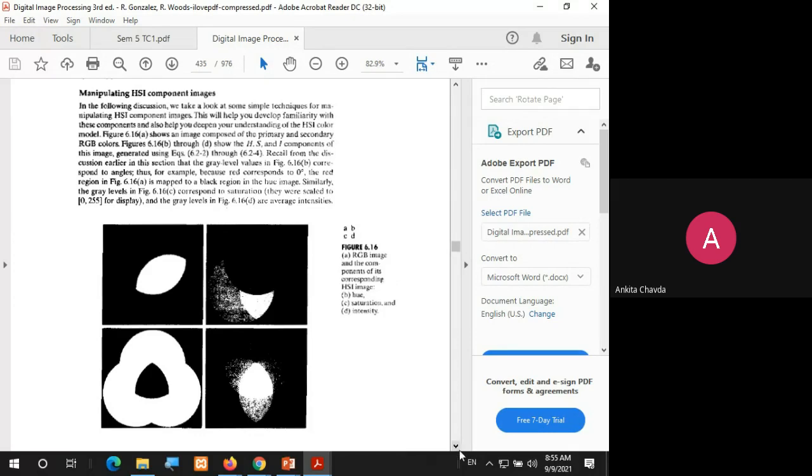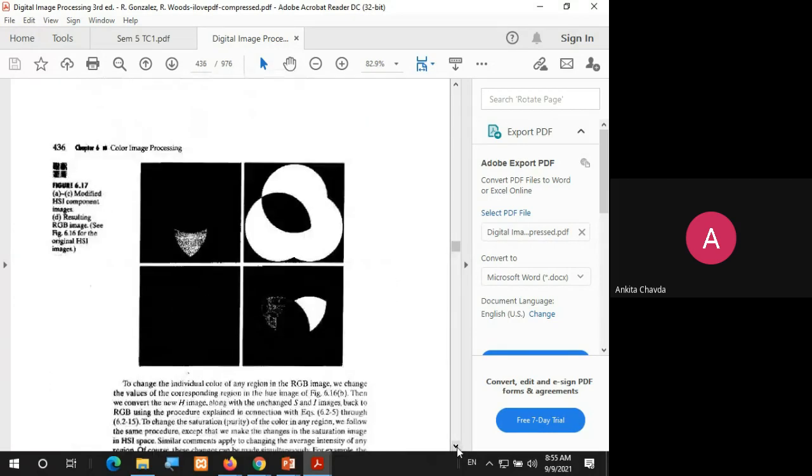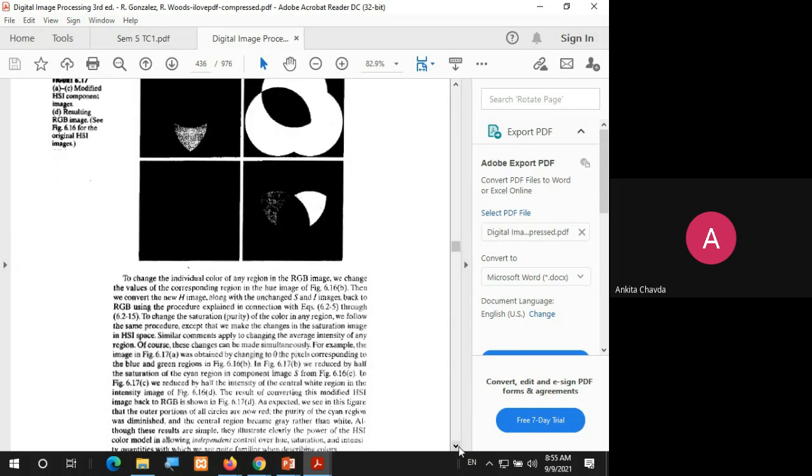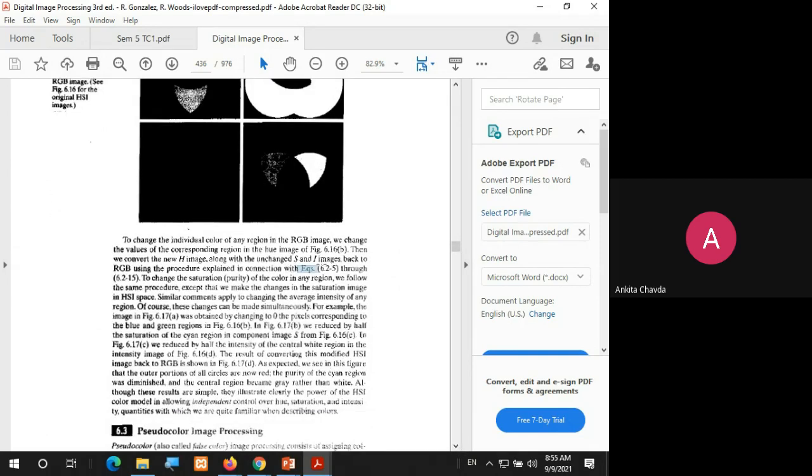But the actual other figure is this, where we have applied manipulation, and this manipulation we have done through equations 5 through 50, as you can see. Have you seen this? Yes or no? Based on that, you are doing this manipulation.